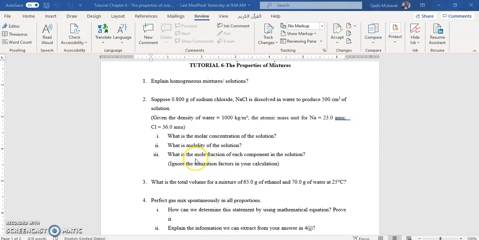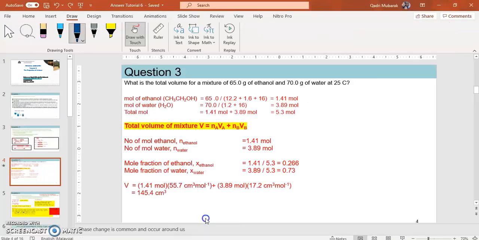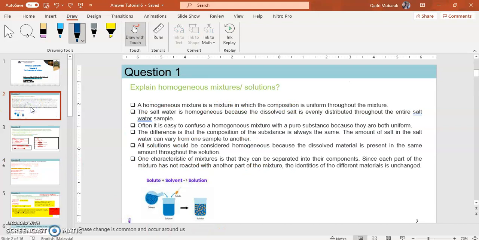First, let us start with the first question. Explain homogeneous mixture or solution. To answer this question, we need to explain what a homogeneous mixture is. Here the keyword is explain.